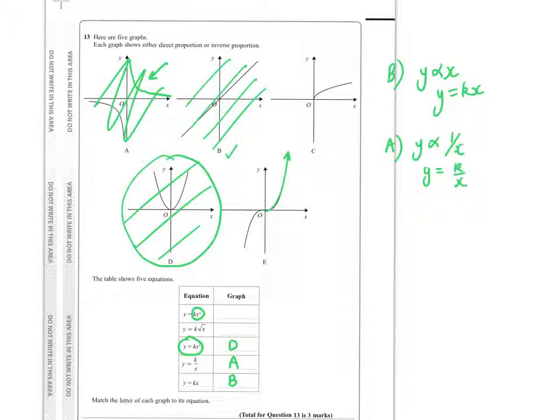And what I'm saying to you is, here you can then deduce which one you're looking at. So E must be this one, and C must be this one. So if you just think about the shape of the graph, and when x gets large, what happens to y, you can deduce which ones are which. So that's the table complete.